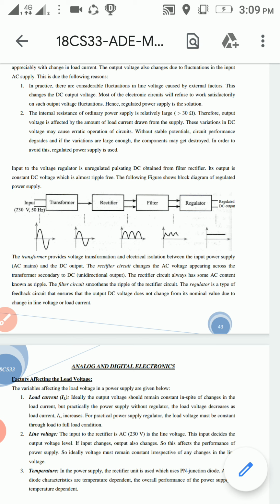Otherwise, any change in the input changes the output, affecting the performance of the power supply. That is exactly the case.